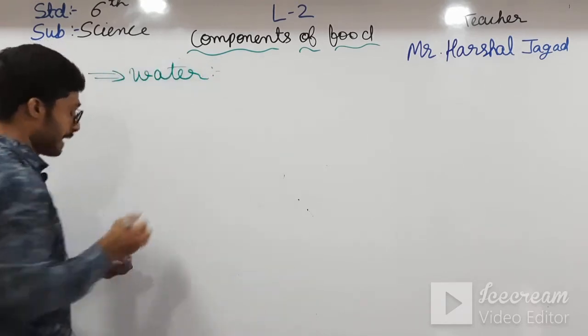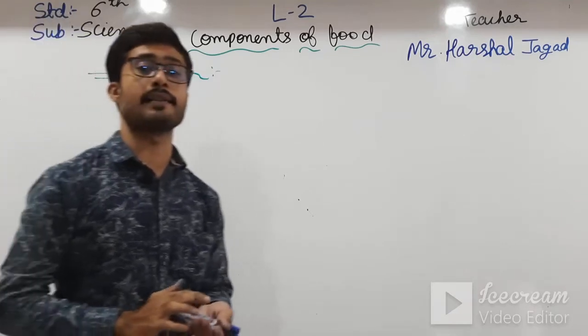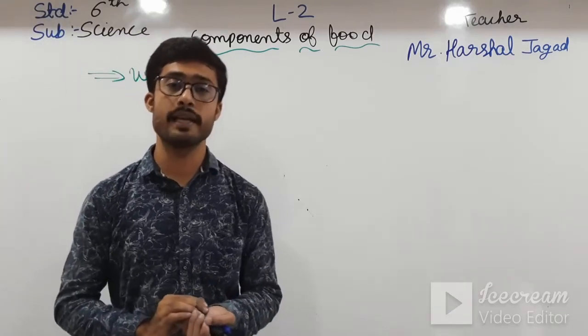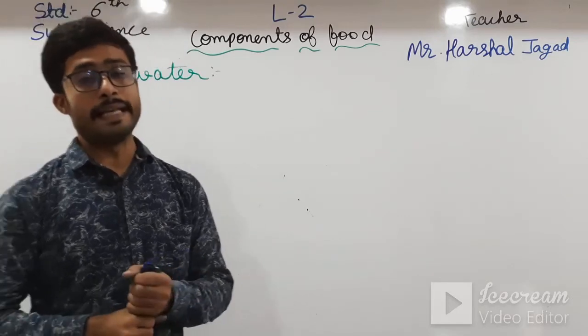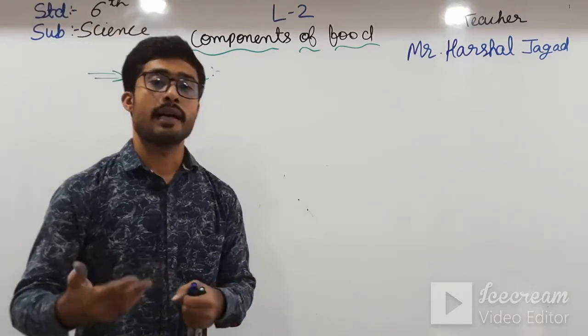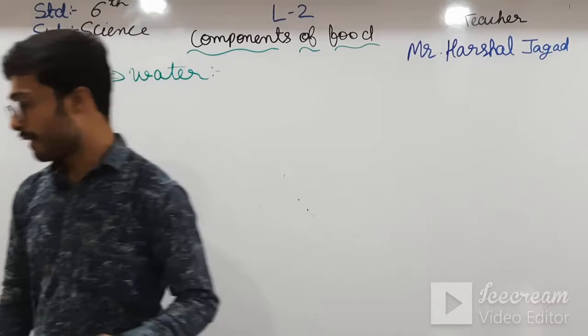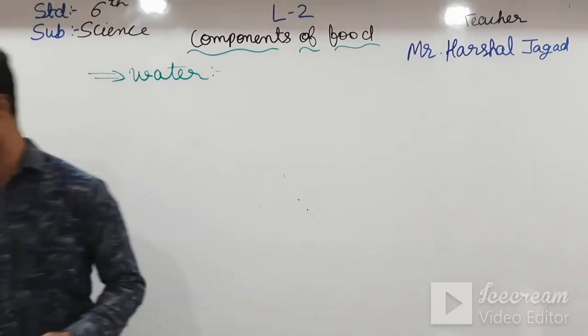See here, in the textbook the very first point is given that 70% of our body is made up of water. Okay students, we need water. Without water we can't live. Let me read some of the points.